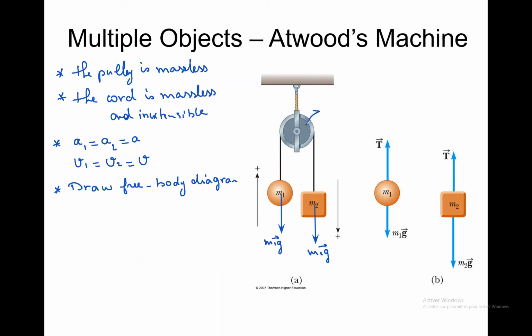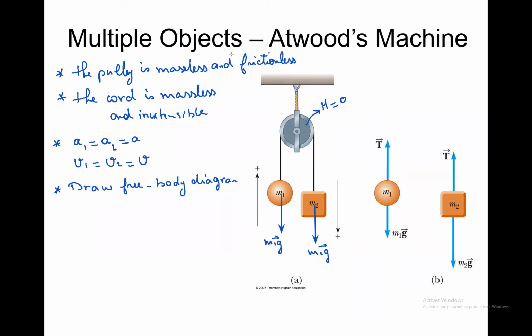Don't forget the mass of the pulley is equal to 0. And we add a condition. The pulley is massless and frictionless. Okay.